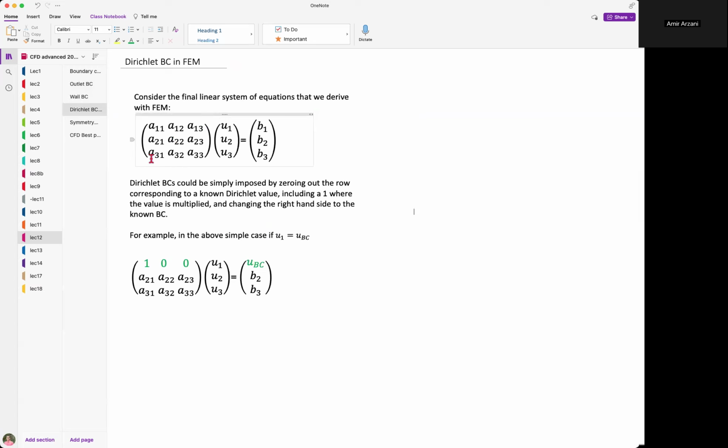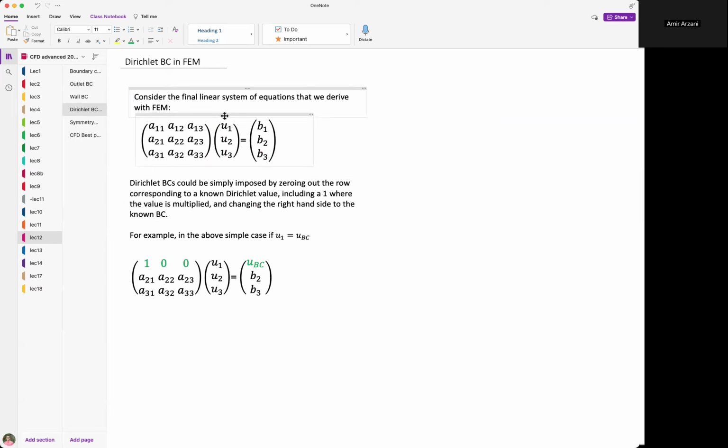The way we do that is at the end of our finite element formulation, when we arrive at the linear system of equations that we solve for our unknown, for example U in this case, if one of these values is a Dirichlet value or Dirichlet node, we modify the matrix and the right-hand side such that we guarantee that the Dirichlet boundary condition is enforced.